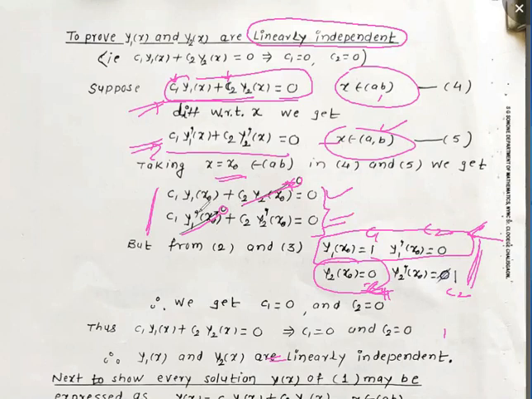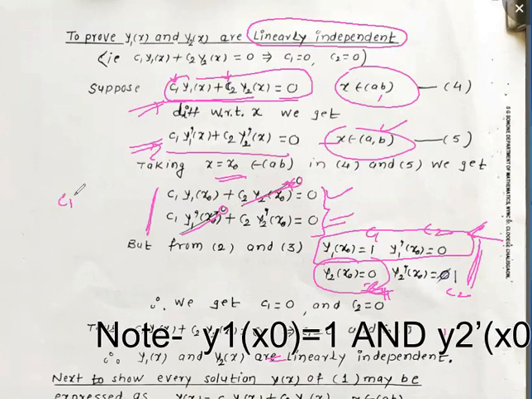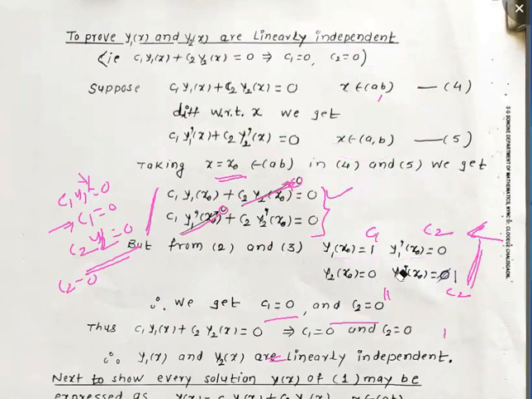C1 y1 equal to 0, but y1 is a solution, non-zero, so we conclude that the constant C1 is 0. Similarly, in the second, C2 y2 dash is 0, y2 dash is a non-zero solution, therefore C2 is 0. So we get C1 equal to 0, C2 equal to 0.